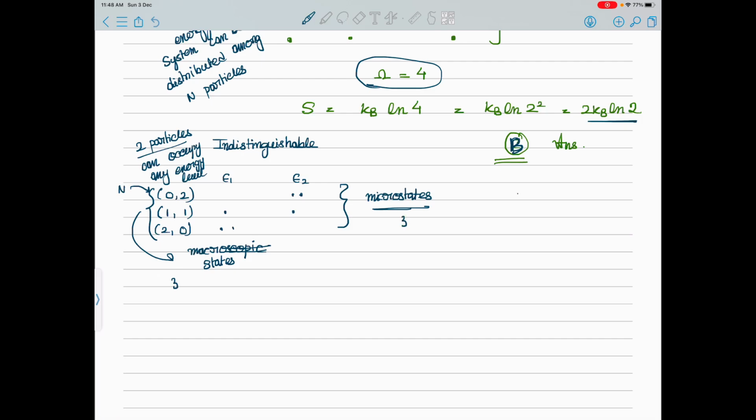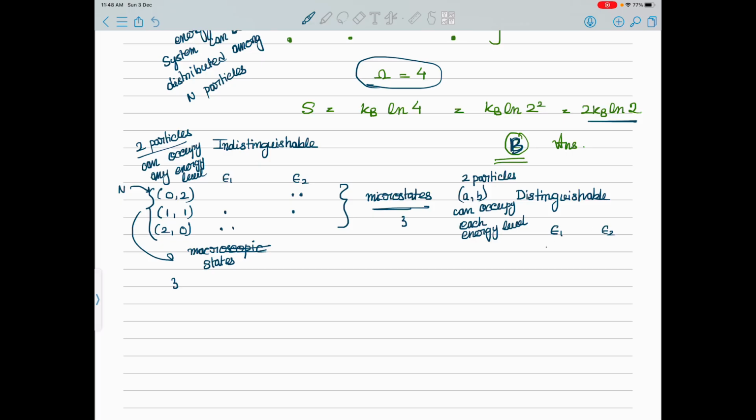But if it is a distinguishable particle, let us see this case. Suppose A and B are the 2 particles, and again each can occupy any energy level, so A and B can simultaneously be at any particular energy level. Again there are 2 energy levels.